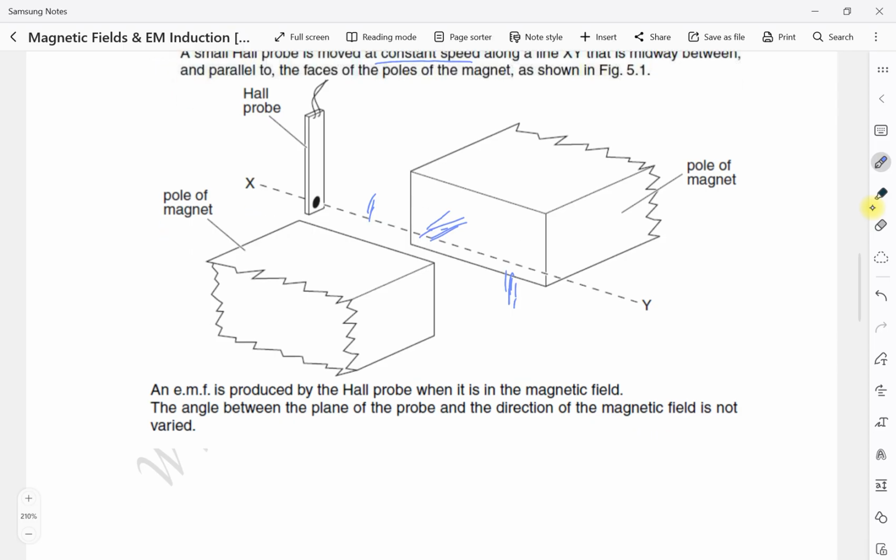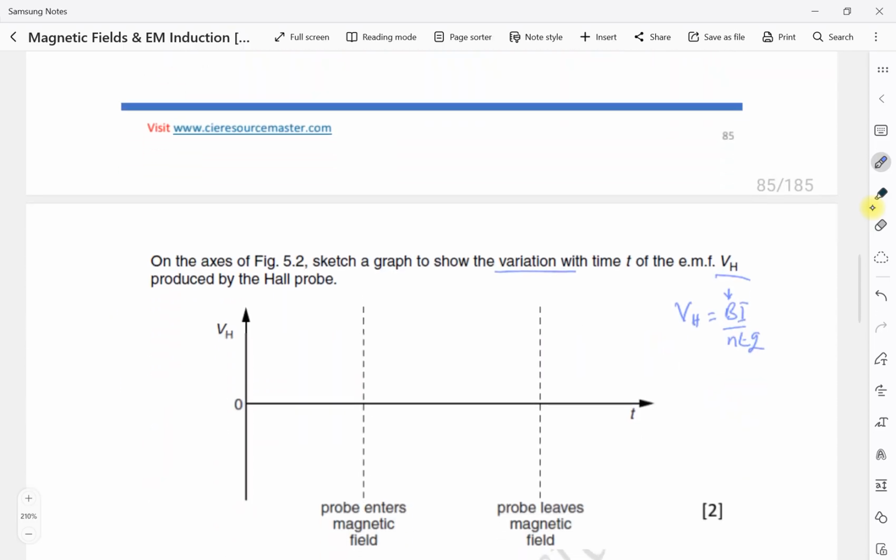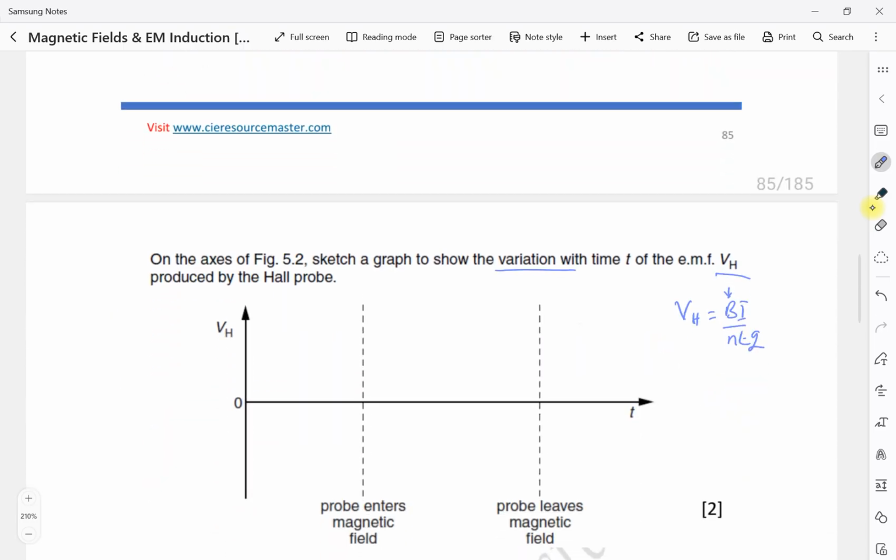So I'll just draw a graph here where it's going to be along the x-axis outside the poles.